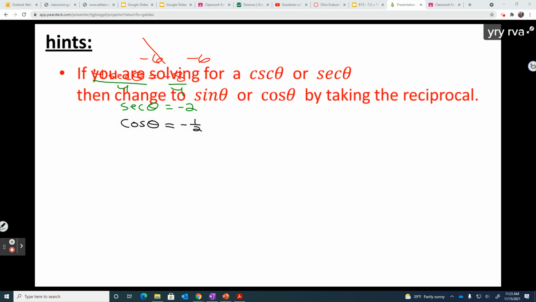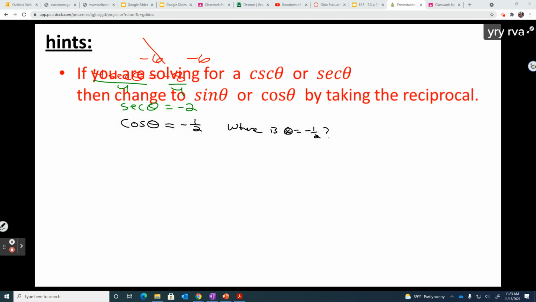Because then this is basically just where is x equal to negative half. We've actually kind of already answered that one before. So x is negative half, or I guess, sorry, theta.